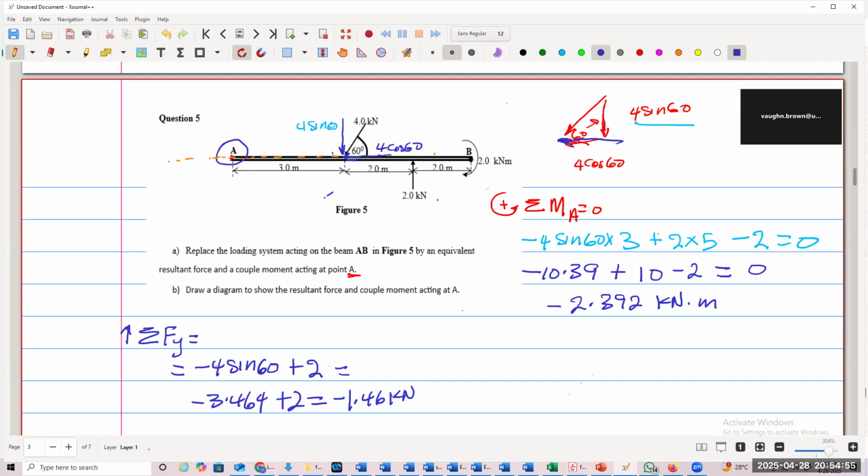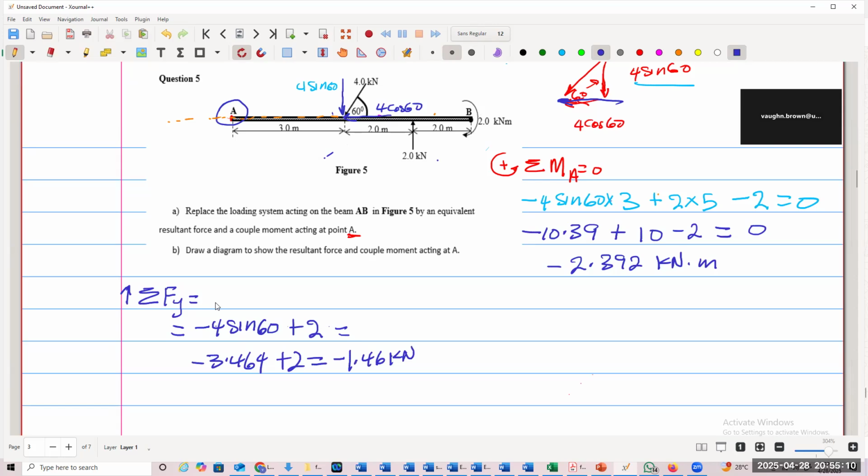Now let me tell you why I didn't equate it to 0. You don't have to equate this to 0 because you just want the sum of the forces in the y. And likewise, the moment, you never have to equate the moment to 0.